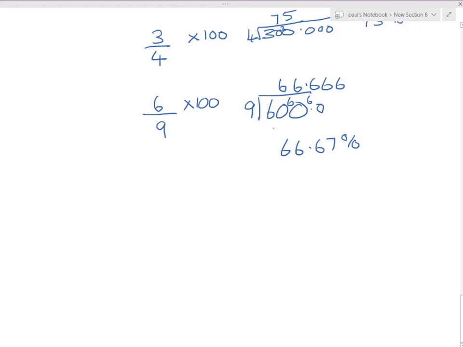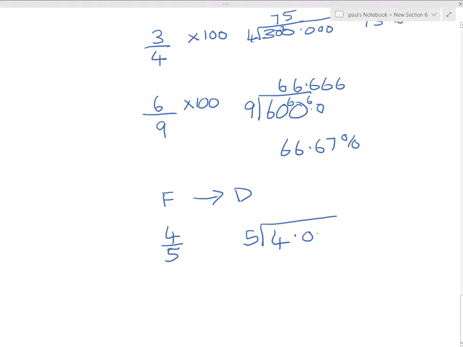So that's fractions to percentages. Now, how about fractions to decimals, which I thought I was going to do earlier on. Now we do exactly the same thing, but we don't multiply by 100. So 4/5, we simply do 4 divided by 5.